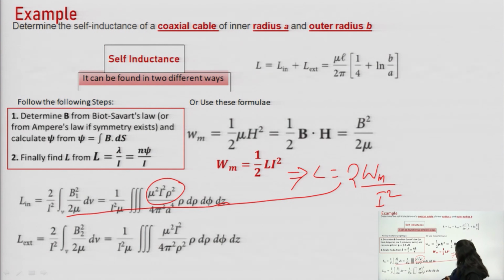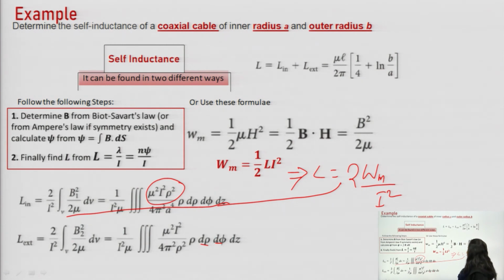We know the limits of all the parameters also. Phi varies from 0 to 2 pi, z varies from 0 to L, and rho varies from 0 to a in the first case, and from a to b in the second case.